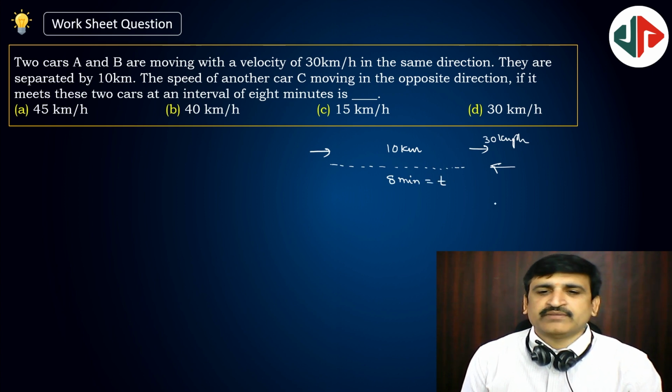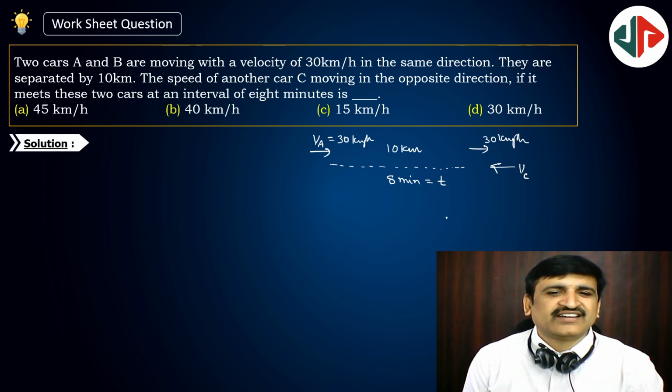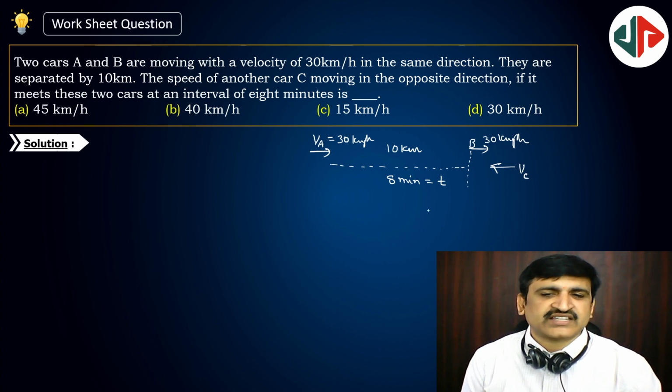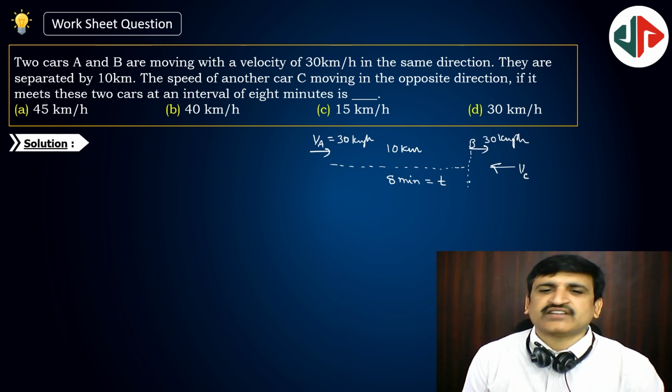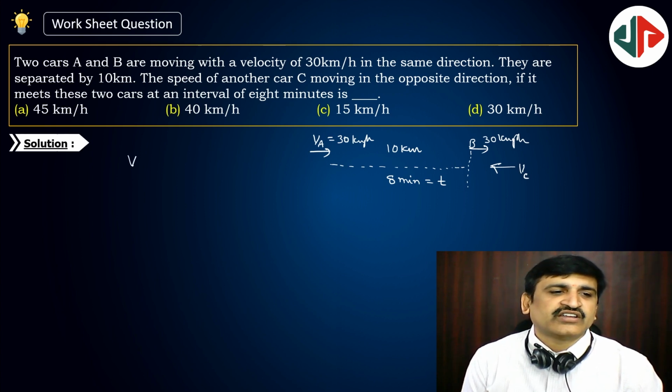T equal to 8 minutes, and velocity of car C is Vc, and velocity of car A is 30. So what is the relative velocity VCA? Once after crossing the car B, that point is noted, that's it. But B car's velocity is no way important for us here. So now the relative velocity between VA and VC we have to go for.